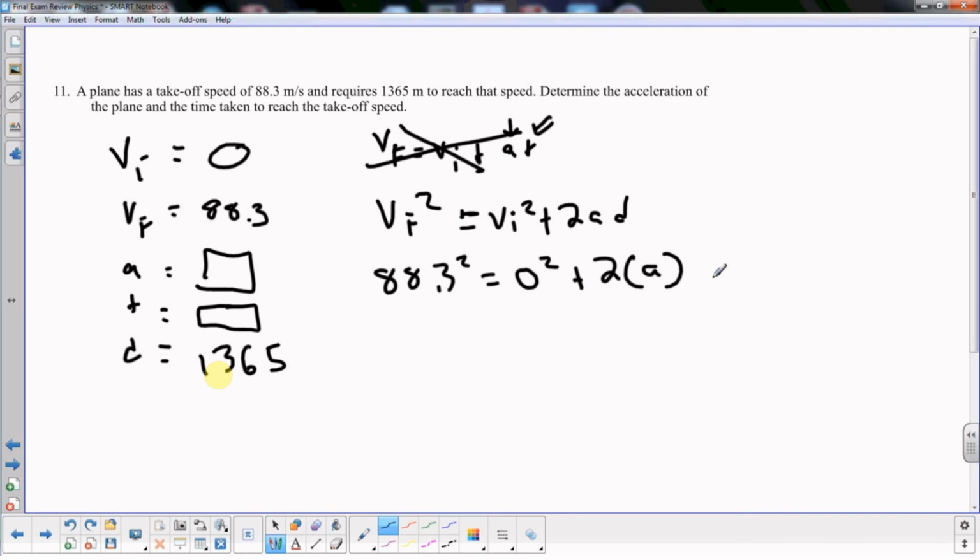So let's do some plug and chug. 88.3 squared. It's a big number, 7796, equals 2 times 1365, which is 2730 A. So again, multiply those two, brought down the A. Divide both sides by 2730.